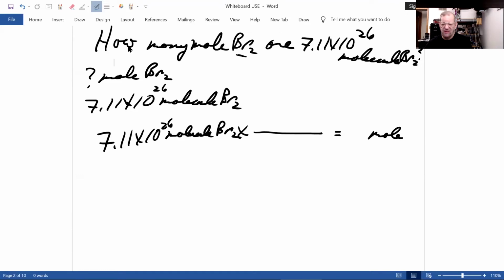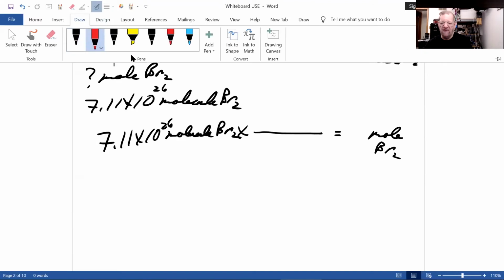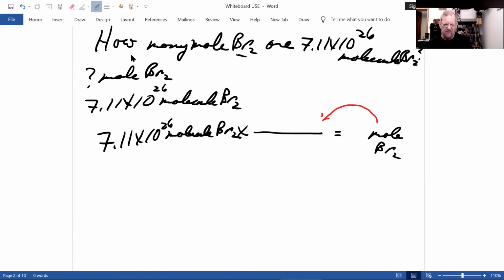Moles of bromine. And now it's time to use your good buddy, your good friend, unit analysis. And how do you use that? Whatever you're trying to get to unit-wise goes on top of that ratio. Whatever you're trying to get rid of goes underneath.